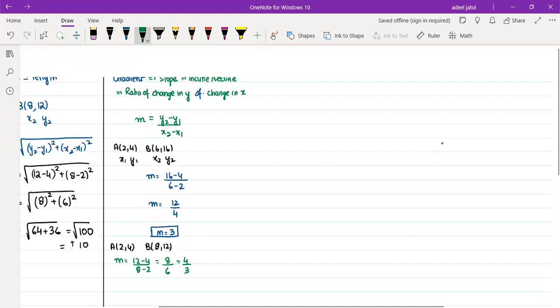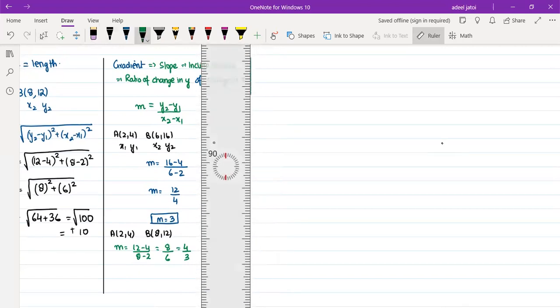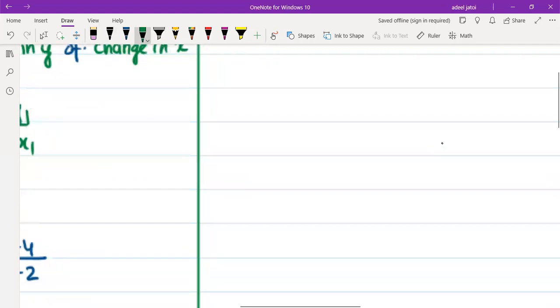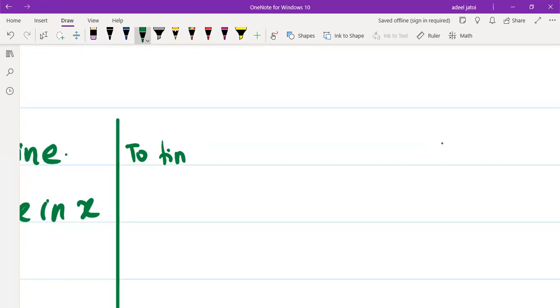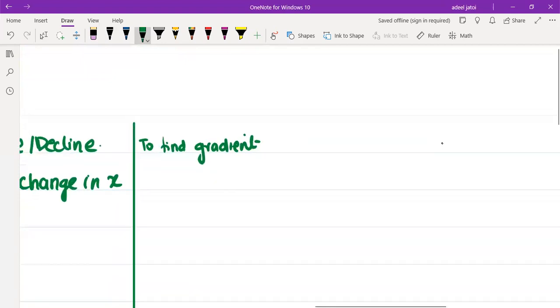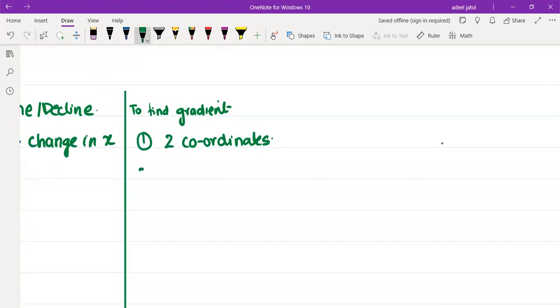So to find the gradient, what do you want? Number one, you need two coordinates. Number two, you need the equation of line.